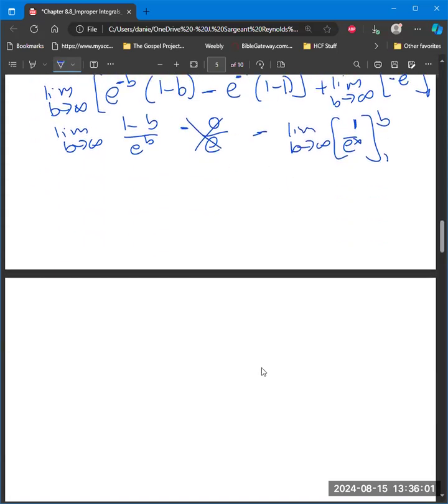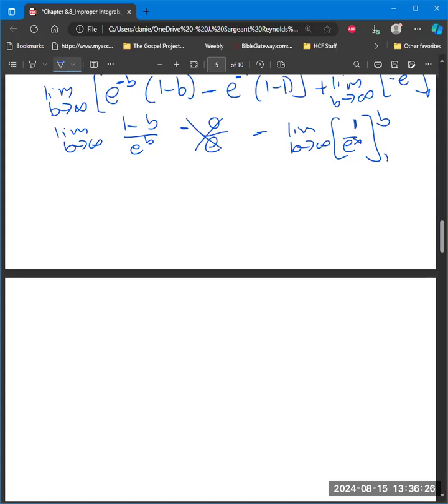Now if I do direct substitution here, which I really can't do, I can't substitute infinity. But if I think about this, this is an infinity over infinity situation, and I can use L'Hopital's rule, or I can just use what I learned about which functions grow faster. I'm going to apply L'Hopital's rule.